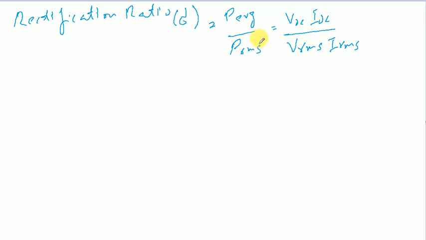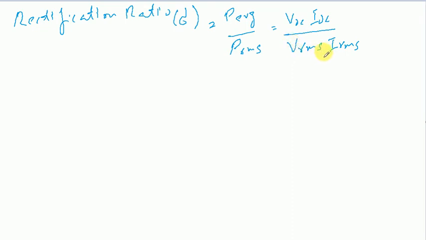Okay. So once we have this rectification ratio, just as we computed the DC values of voltage and current for a half wave rectifier circuit, and also computed the RMS values of voltage and current for a half wave rectifier circuit, by using the same knowledge we can substitute those values here.